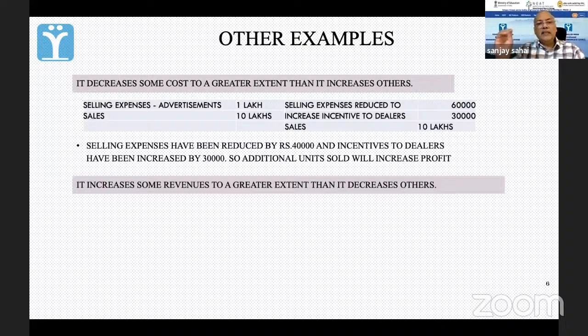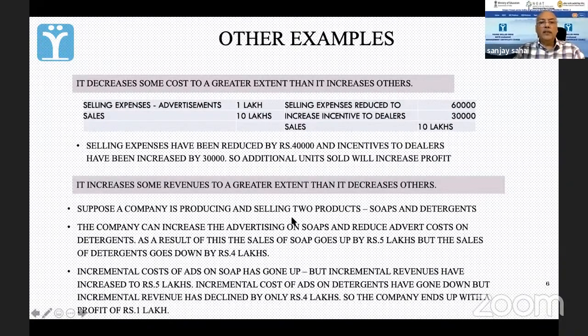Now it increases some revenues. This is another, the third principle here. It increases some revenues to a greater extent than it decreases others. So in this case, look at this. Suppose a company is producing and selling two products, soaps and detergents.